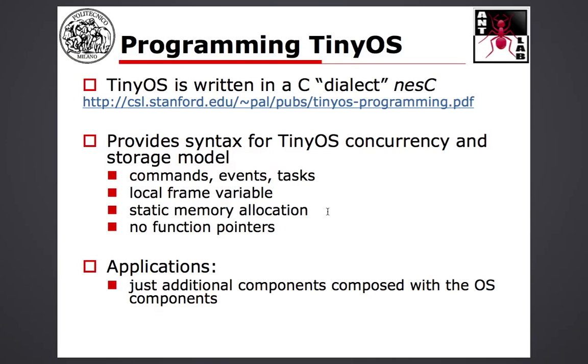So, first of all, what is TinyOS? We have already said that TinyOS is an operating system for wireless sensor networks. We have discussed why we need an operating system which is different from the traditional operating system that we use on standard PCs and laptop architectures.